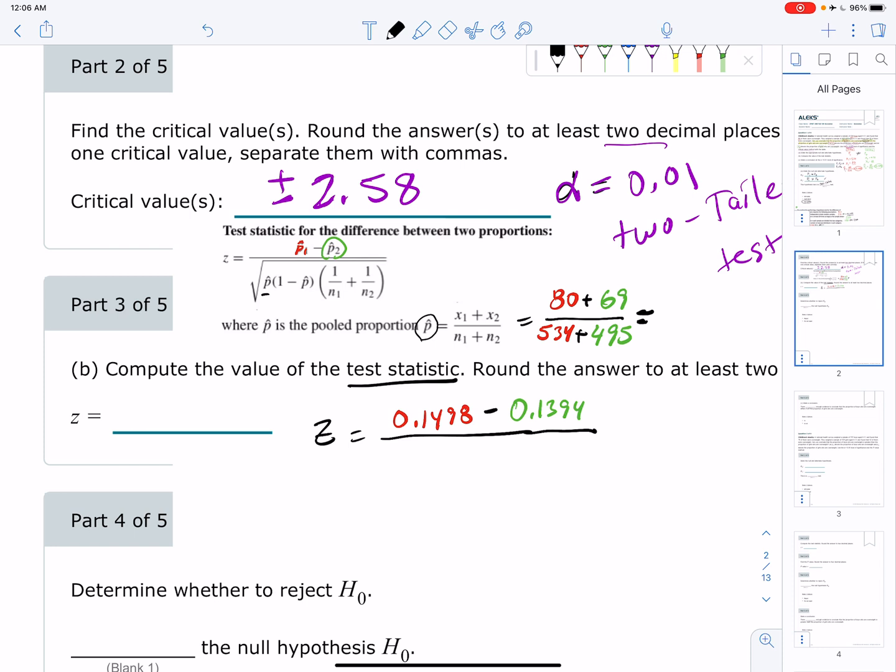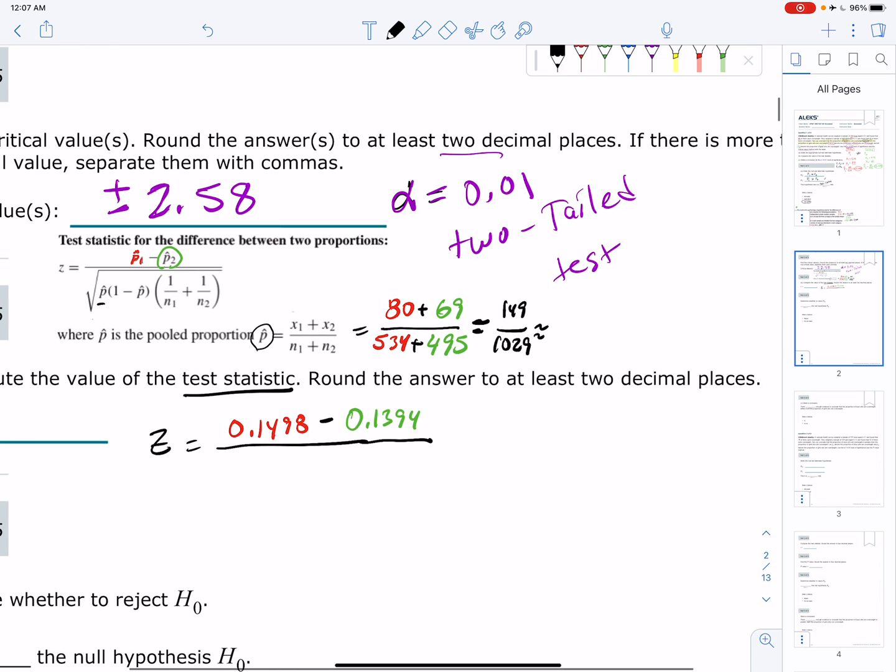When we add it up, we're going to get 149 over 1029, and then we put it in the calculator and we get approximately. And this is our p hat. So let's call this our p hat. And the p hat is approximately 0.1448 when I divide it out.